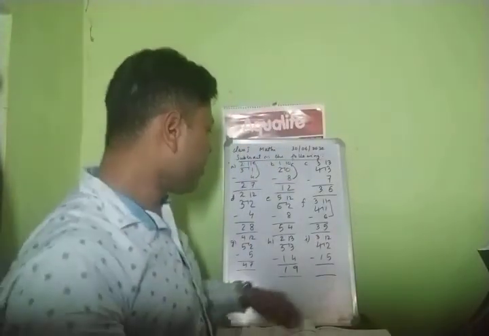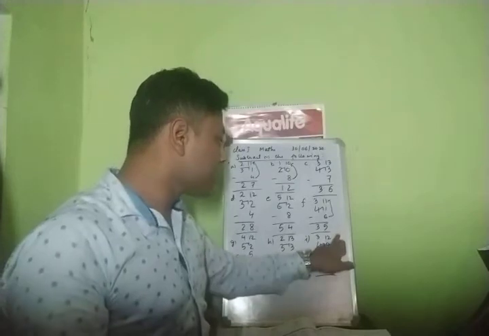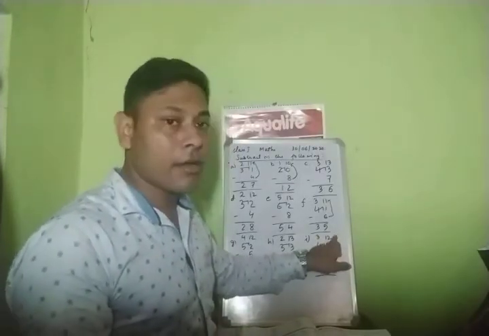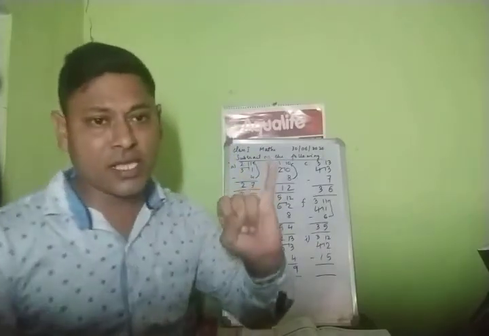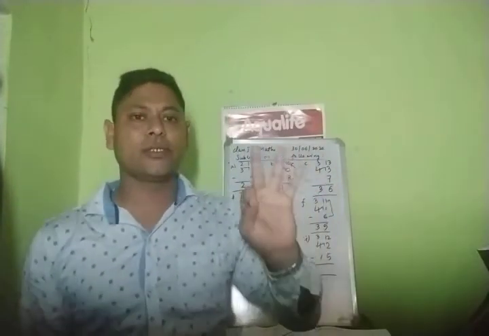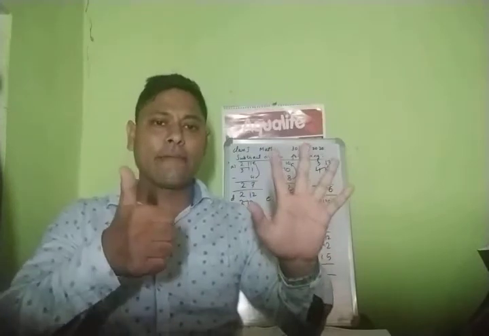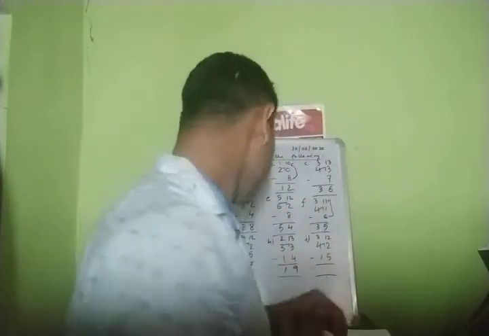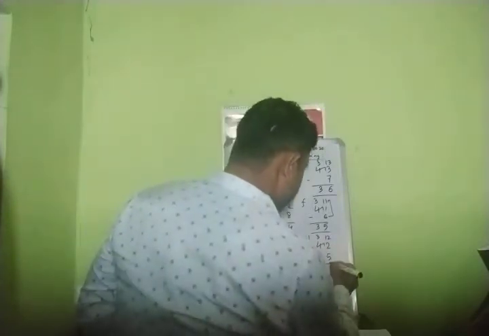Okay? Now, from 5 you have to count till 12. 5, 6, 7, 8, 9, 10, 11, 12. 5, 6, 7. How much did we get here? 7. So that will be our answer.